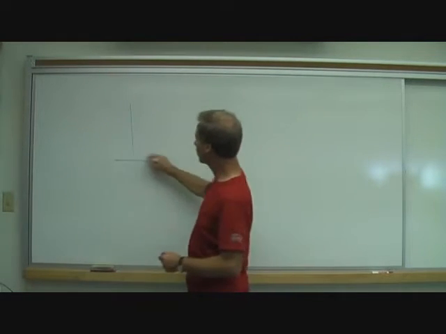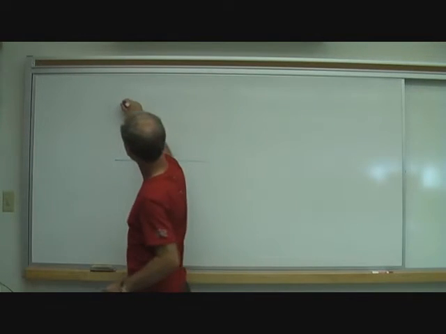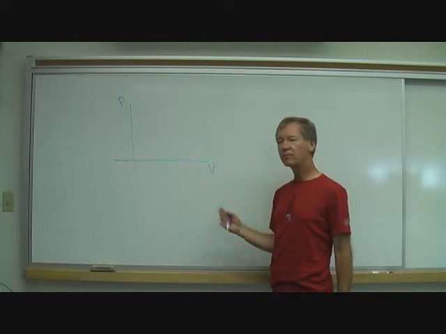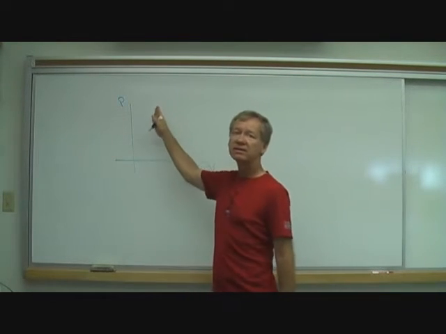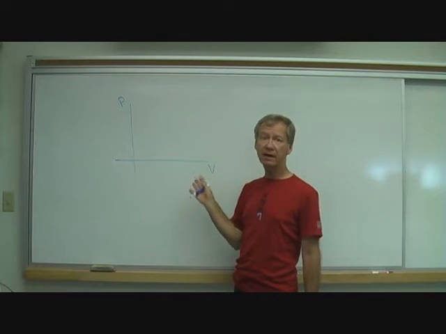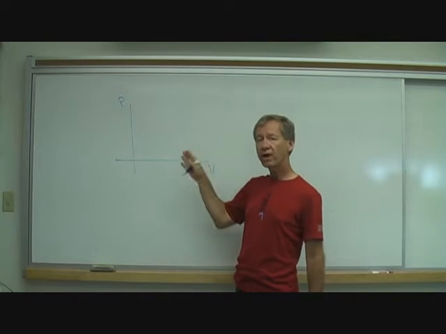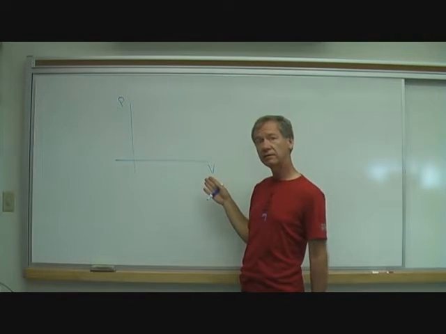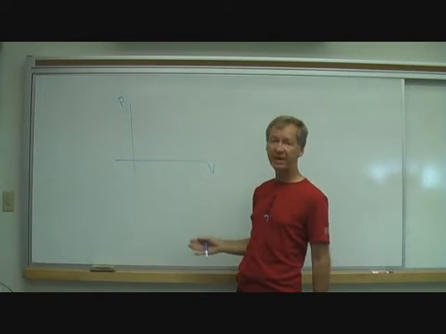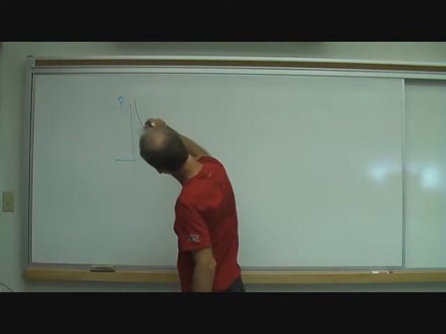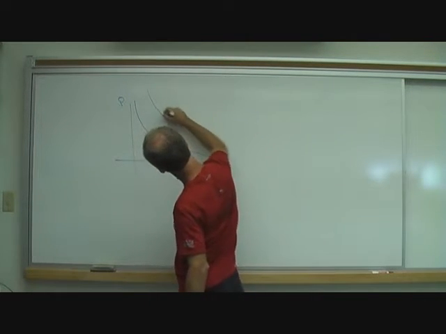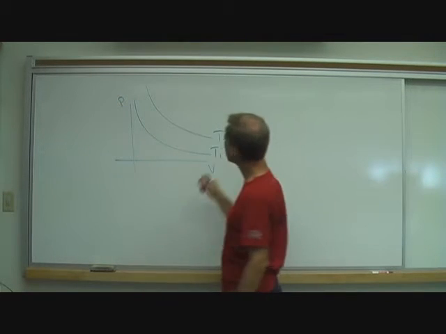All right, here is one of those PV diagrams. Remember, we've got pressure on this axis, volume on this axis. What I'm going to do is plot some isotherms. So I'm going to plot some lines that show me where constant temperature will be along in this region of PV space. So here is one, and let's call that temperature 1. Here is another one, and let's call that temperature 2.